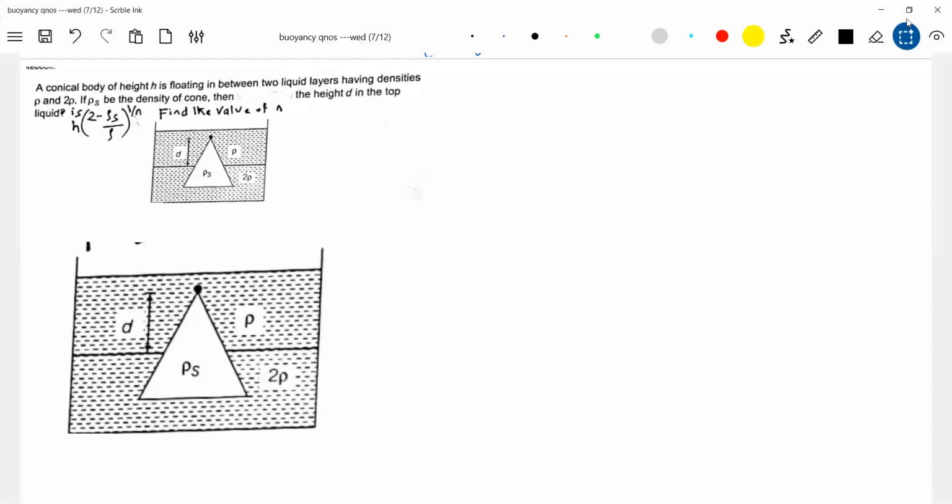Height d, it's an equilibrium, no? It's an equilibrium. The question is asking for height d. If h is the height of the cone, a conical body of height h, the total height of the cone is h. So altogether, can you recollect the Bayern force? Directly take the definition. For equilibrium, the Bayern force is balanced by the weight of the solid.